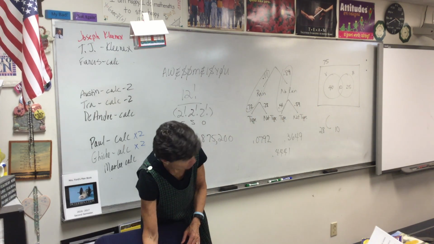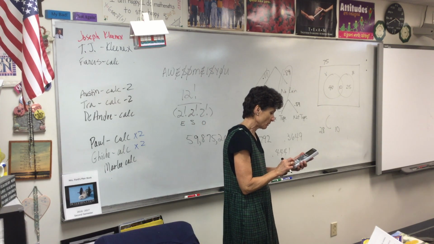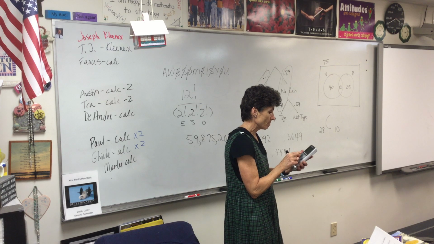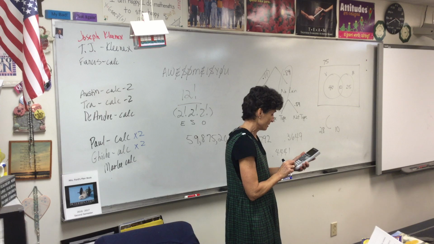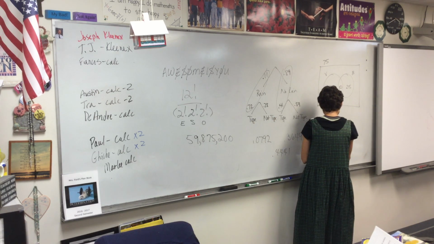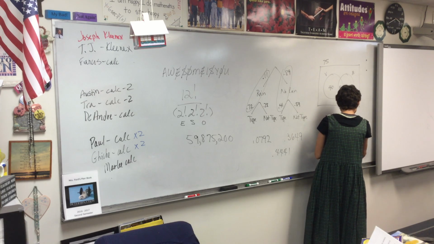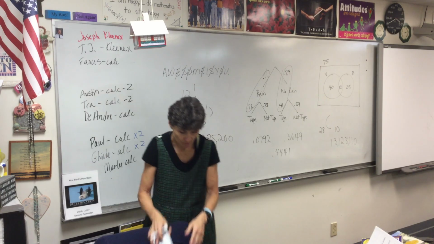Order doesn't matter. I'm picking 10 kids. So remember, we typed 28, math, prob, nCr, 10. Oh gosh. 13,123,110 is the answer to the question.